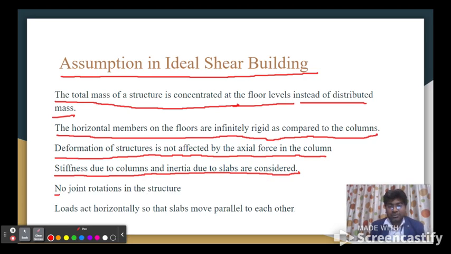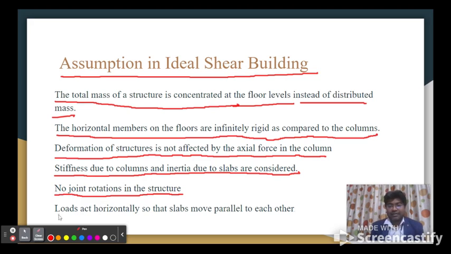No joint rotation is considered in the structure. So actually we are building our structure monolithically. Monolithically means the same section at each floor, so there are very few chances of joint rotation. There might be some chances, but we are considering here no joint rotation in the structure.